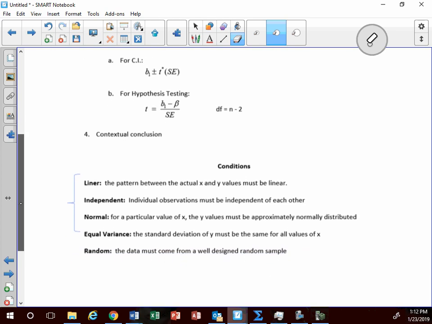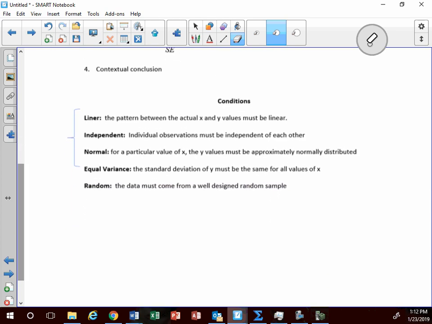Then your conditions. Let's look down here at all of these conditions. So these first 4, those are all accounted for by your residual plot. So what you're going to look at there is for your residual plot to be cloud-like.